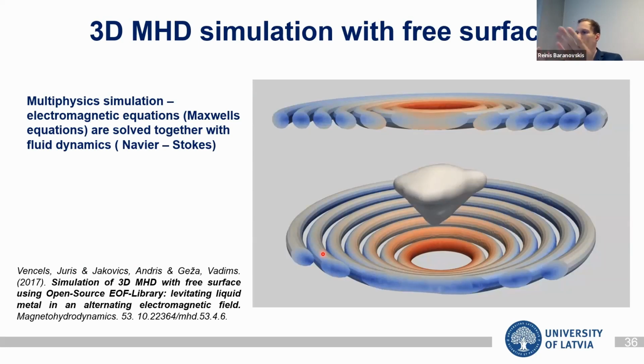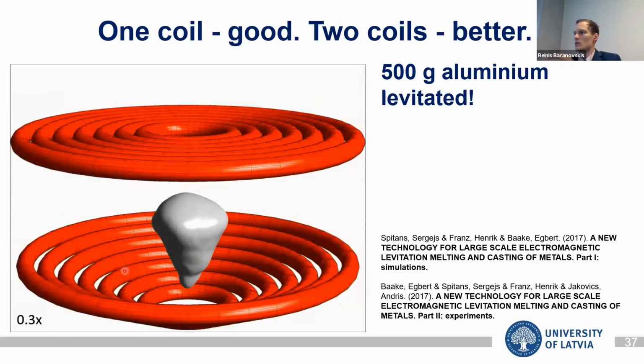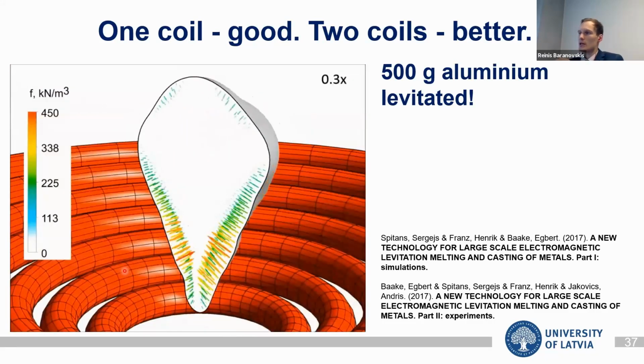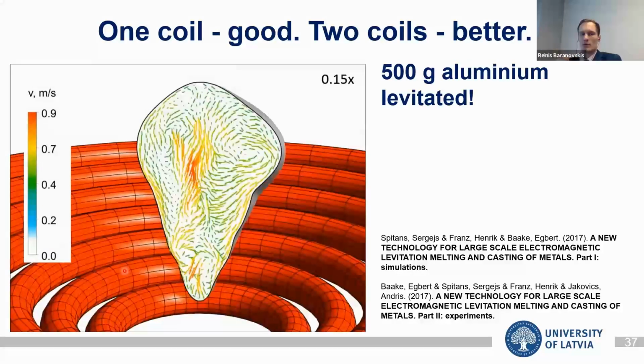They have created, from open source software, referenced AOF software created by Reinis Baranovskis, which can solve such an axisymmetrical problem where the droplet is levitating, and this is also compared to experiments. And the same is also done on a bit larger scale. A colleague who now works in the German industry, Sergei Spitans, in his PhD thesis worked on a system for how to levitate a larger amount of aluminum.